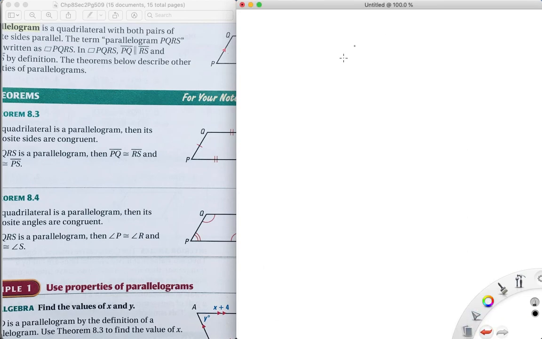So if we have that same parallelogram, PQRS, Theorem 8.3 says that QR is congruent to PS and QP is congruent to RS.